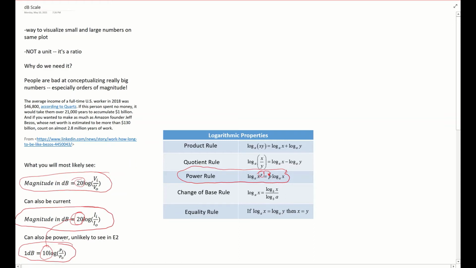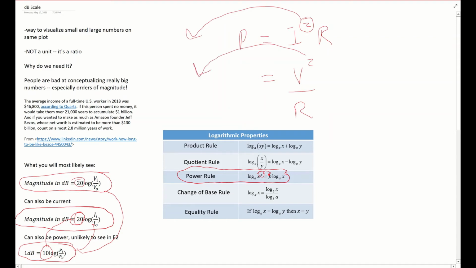So between power and current, or power and voltage, we all remember our basic circuits. So power equals I squared R, or V squared over R. And so you're just taking that exponent out to the front in front of the log. And that's where you get that 20.